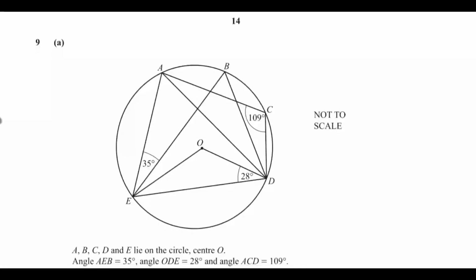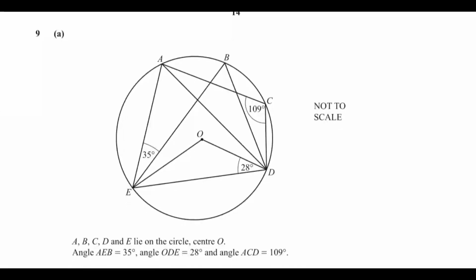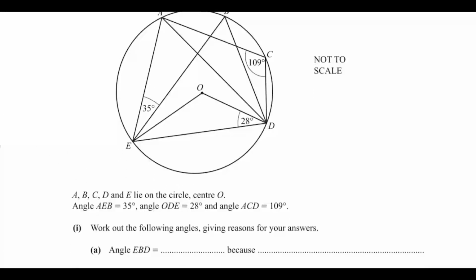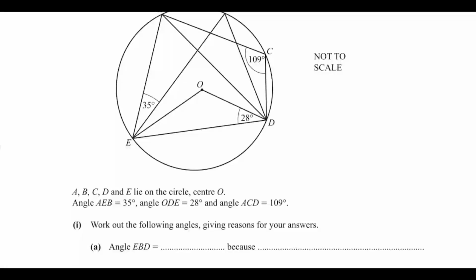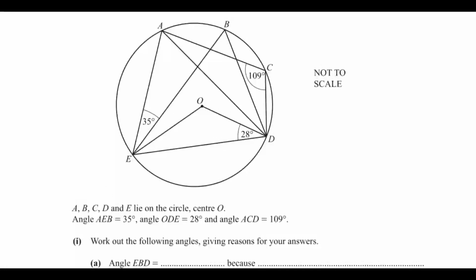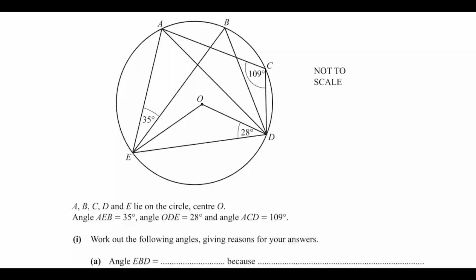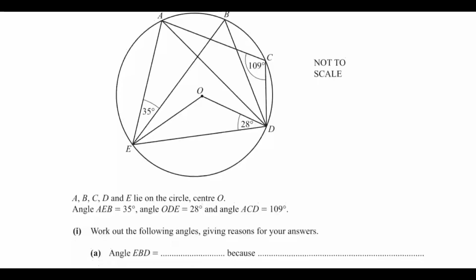So this will be 9A from paper 0580 4, May-June 2018. A, B, C, D, and E lie on the circle center O. Angle AEB is equal to 35 as given, ODE is equal to 28 degrees, and angle ACD is 109 degrees.